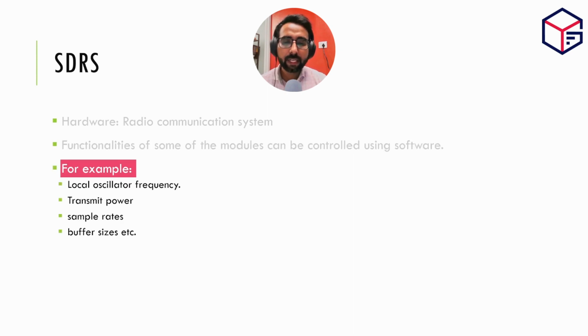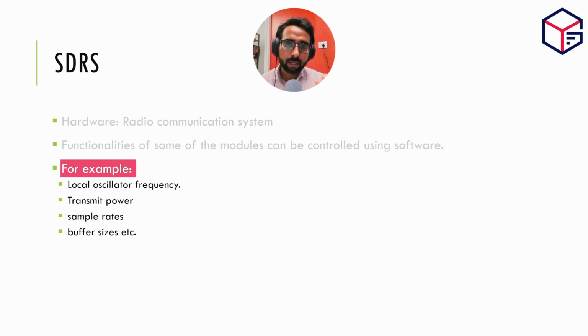So we know that an SDR consists of many modules, many components. And those components are your mixer, they could be your power amplifier, they could be your digital to analog converter, or they could be your buffers for transmission and reception of data.